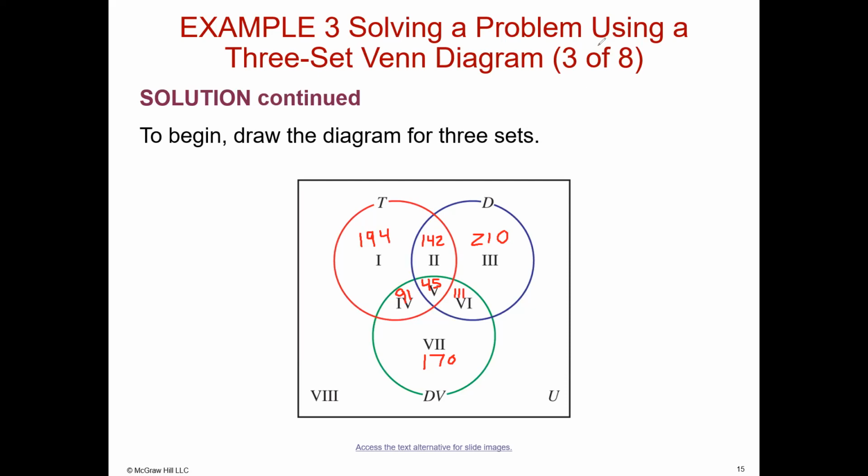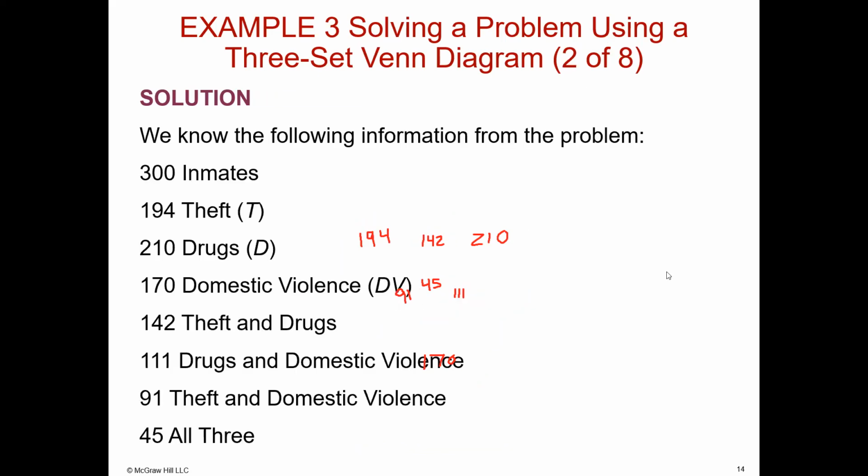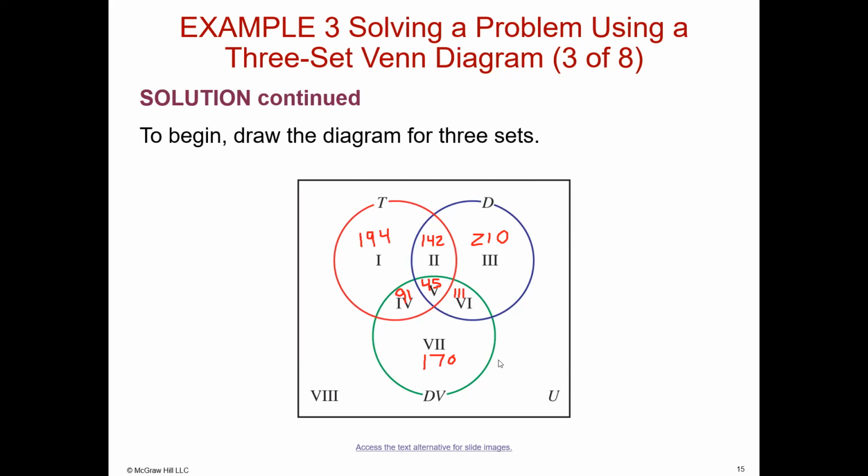All right, now we need to add all these numbers up and see how they compare to how many inmates were surveyed. 300. Let's add all these numbers up. Anybody got a calculator? 170 plus 91 plus 45.